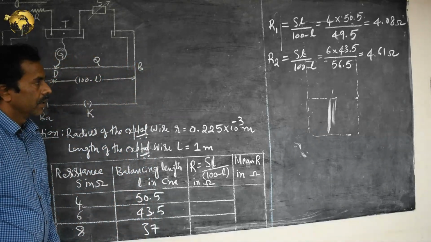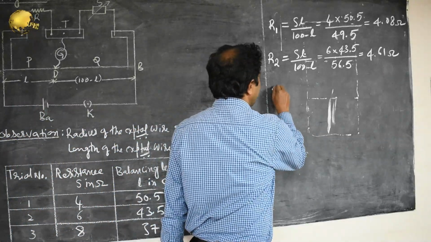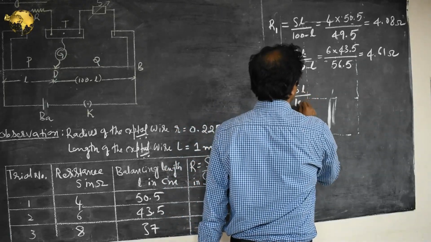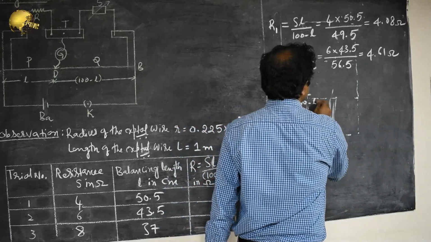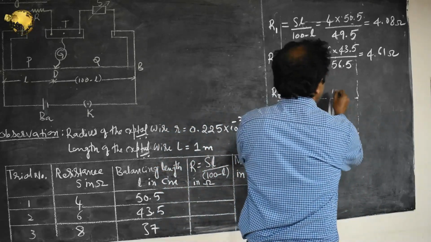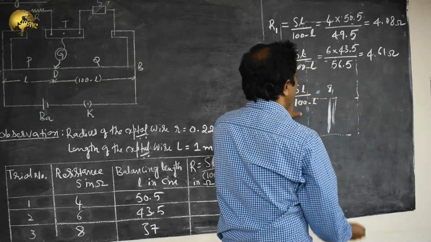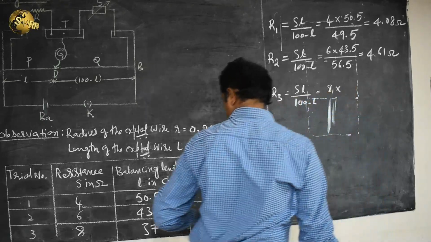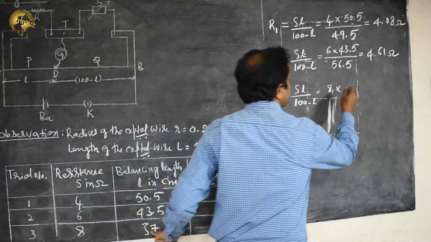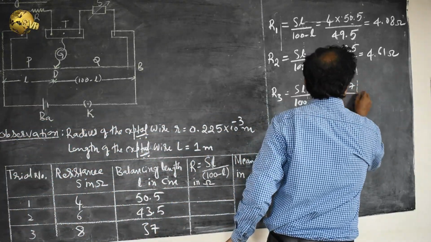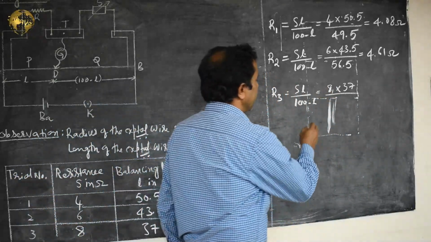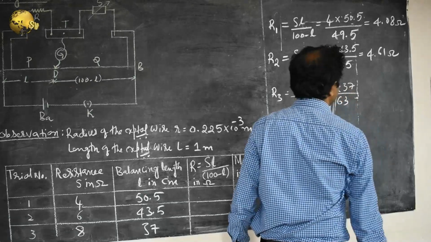Next, in the third trial, R3 is equals to S L divided by 100 minus L. In the third trial, the value of S is 8 ohm, 8 into balancing length 37 divided by 100 minus L, 63.